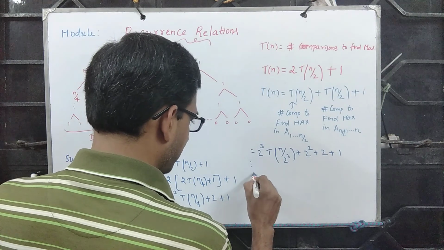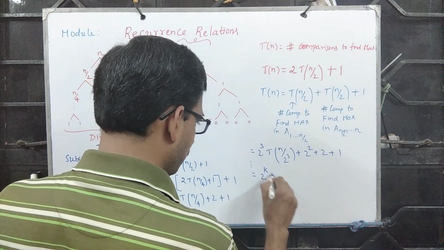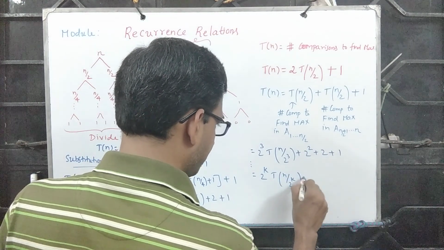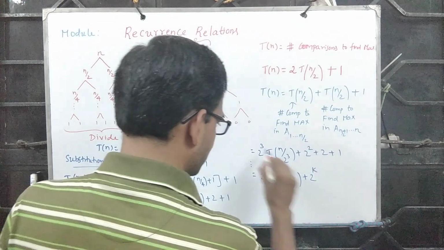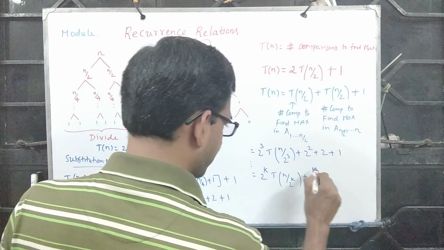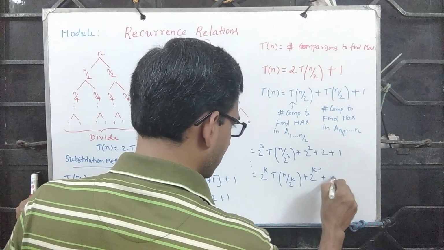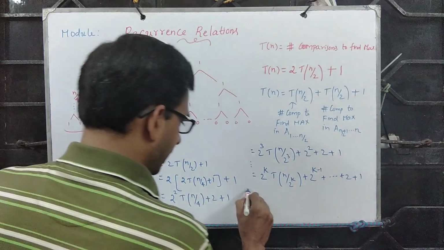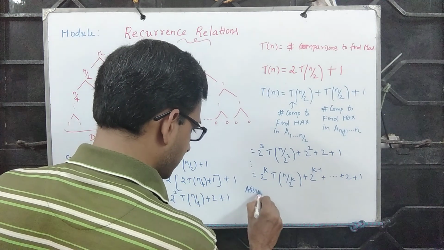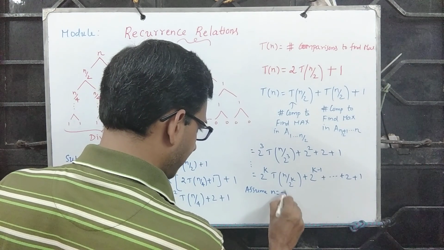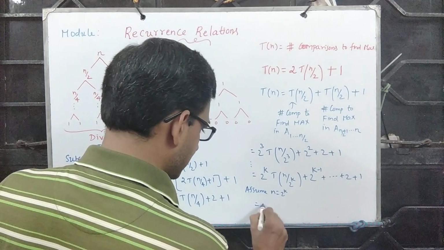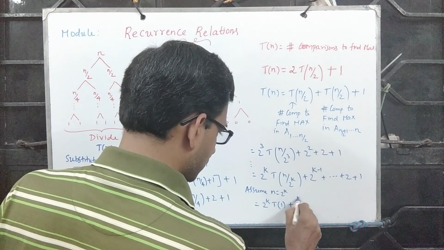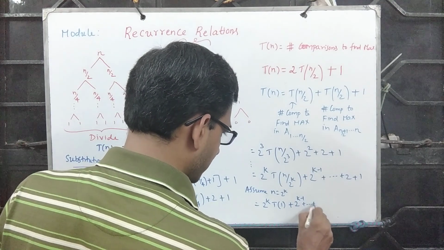So like that, if we do after k iterations, we will get 2 power k T of n divided by 2 power k plus, if it is 2 cube, 2 square, which means 2 power k, it is 2 power k minus 1, so on up to 2 plus 1. And assume n is 2 power k, then what we get is 2 power k times T of 1 plus 2 power k minus 1, so on up to 1.